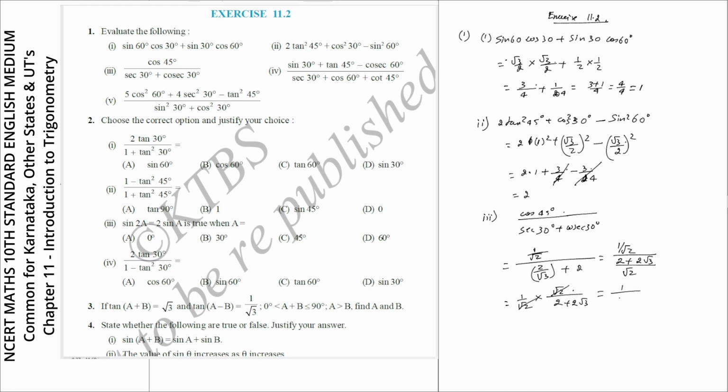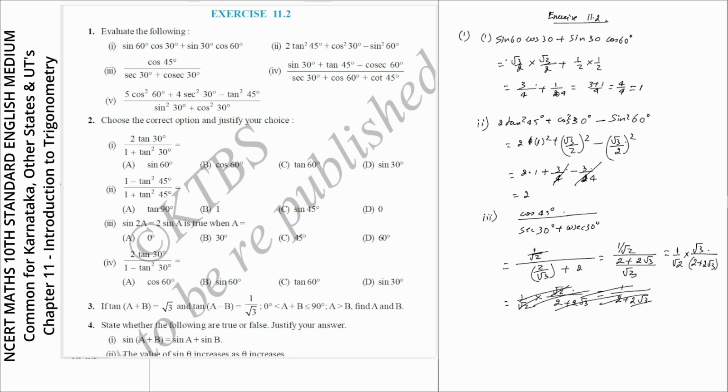I'll be left with 1 by 2 plus 2 root 3. Oh sorry, I have made one mistake here. This is root 3. So this will become 1 by root 2 into, now denominator I'll take to the numerator, it becomes root 3 into root 3 by 2 plus 2 root 3.